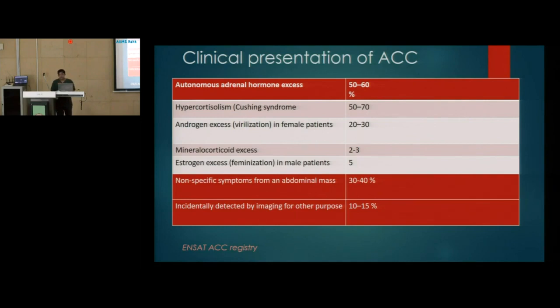Among the functioning adrenocortical carcinomas, the most common is the cortisol secreting type, which accounts for around three quarters of all cases.